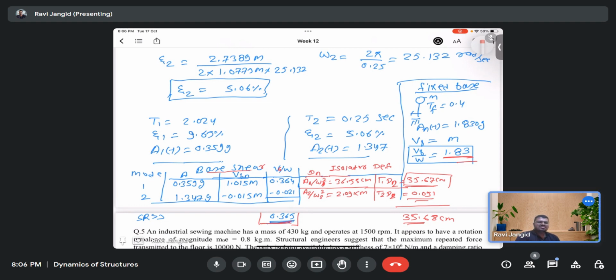Sir, one last question. As we discussed, the resonant condition for a single degree of freedom system occurs when the forcing frequency matches the natural frequency. Yes. But for a multi-degree of freedom system we have different frequencies, so does the resonant condition occur in that case also?